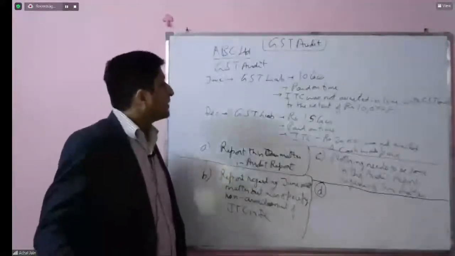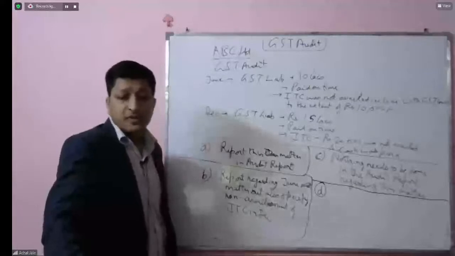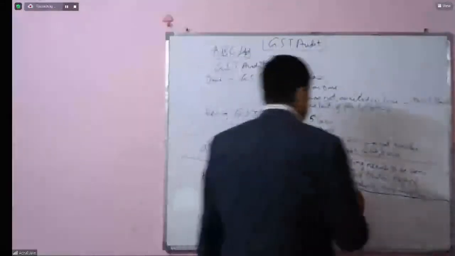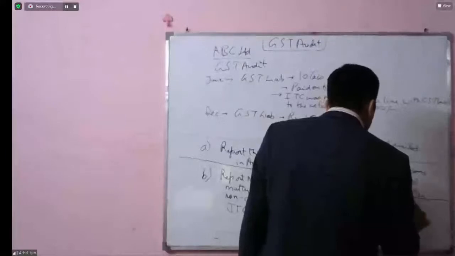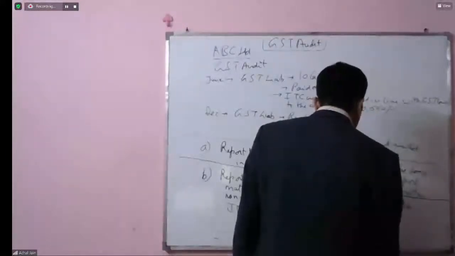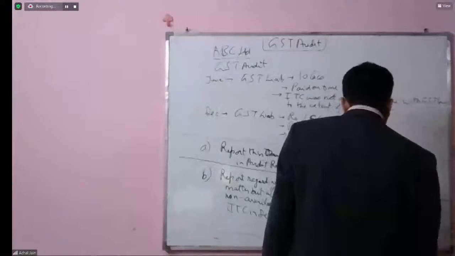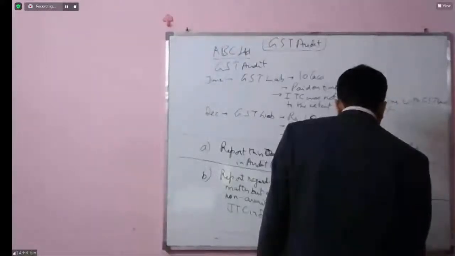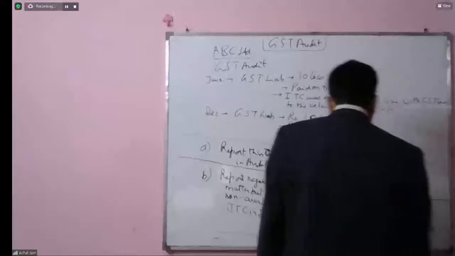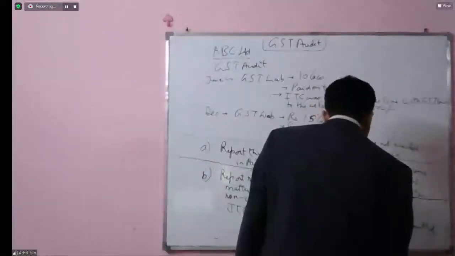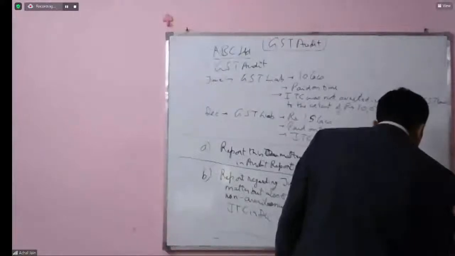Option number D could be the one wherein the auditor can drop this matter only if management provides specific representation that there would not be any GST liability.